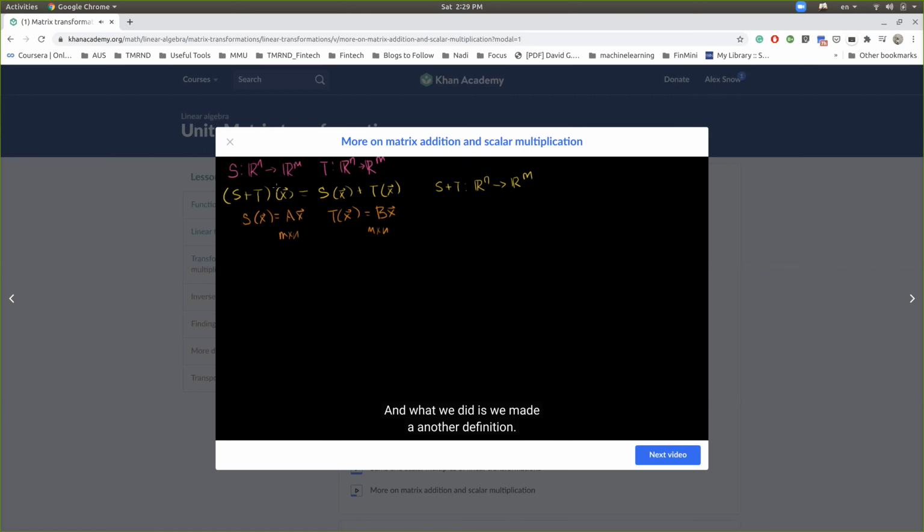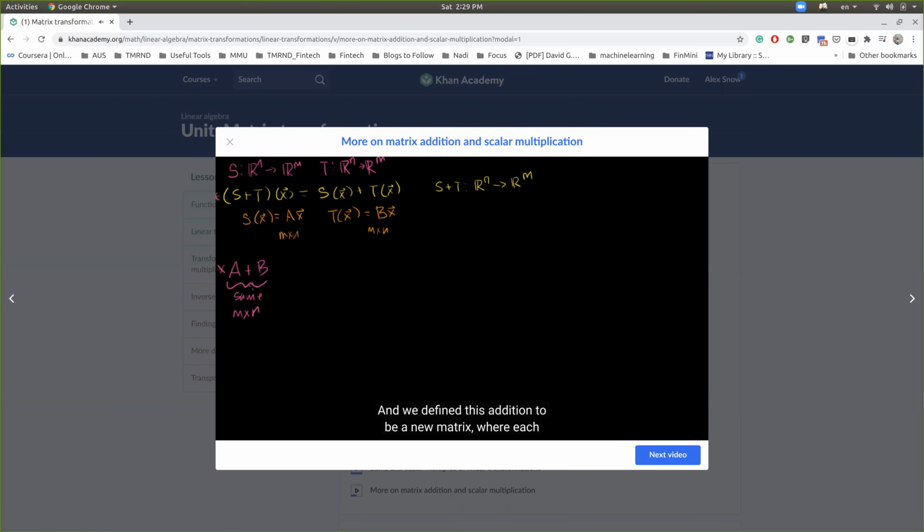And what we did is we made another definition. We defined, this was a definition right here. Then we made another definition. We defined the addition of two matrices. We said the matrix A, this is any matrix A plus B, they both have to have the same dimensions. So they're both M by N in this case.